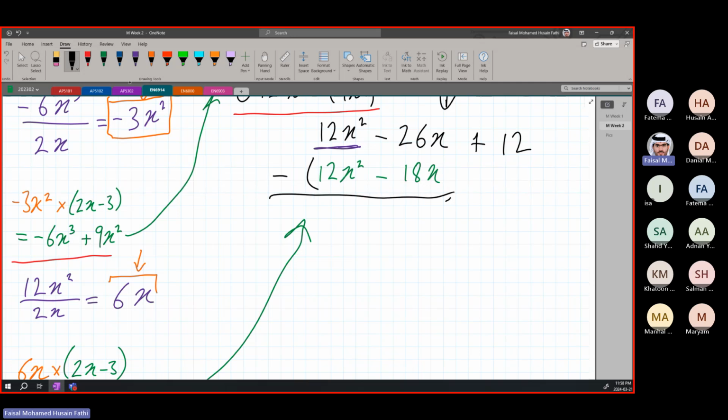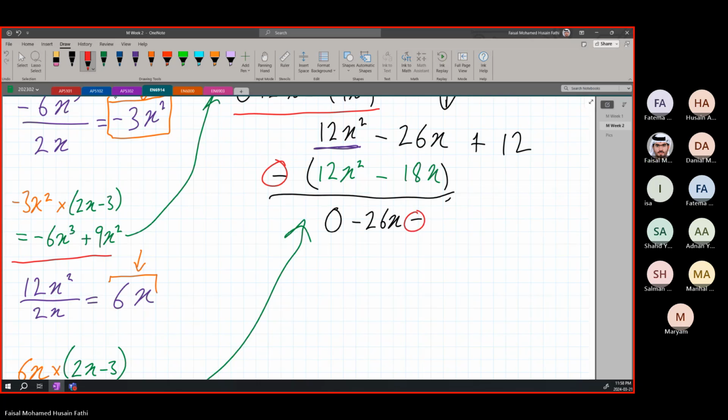We're going to subtract. 12x squared minus 12x squared is 0, so we are on the right track. Minus 26x minus, again, this minus is this minus over here, minus 18x. Okay? Simplify this. Minus 26x, minus and minus becomes plus 18x.